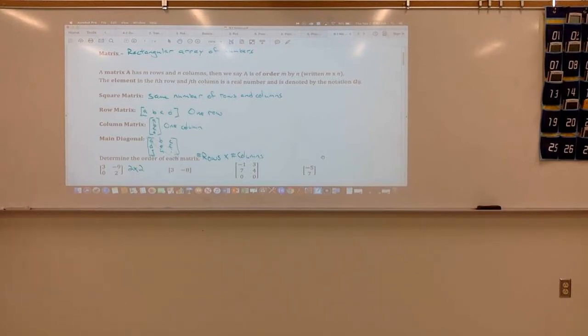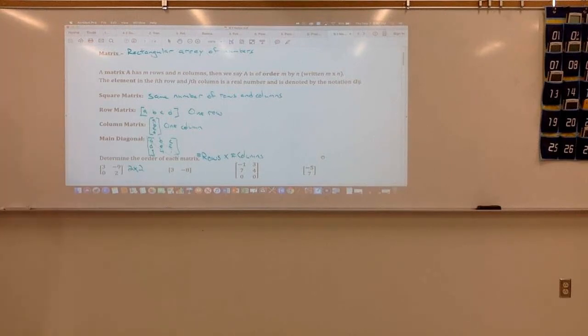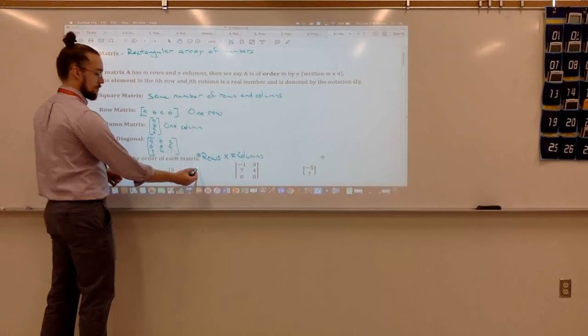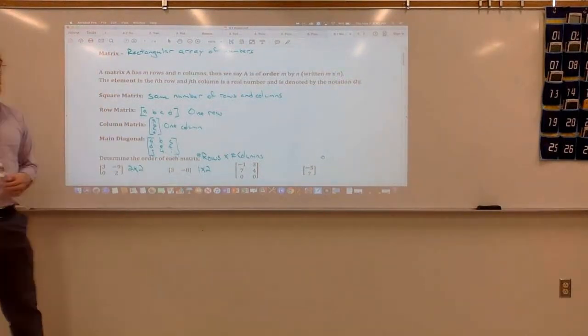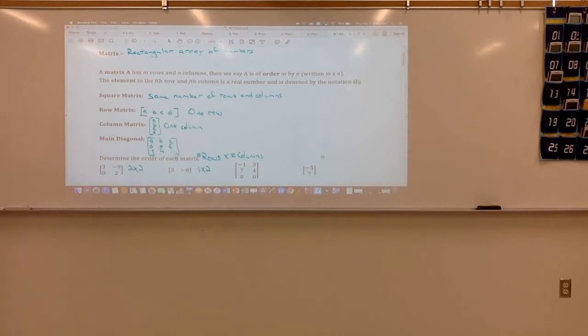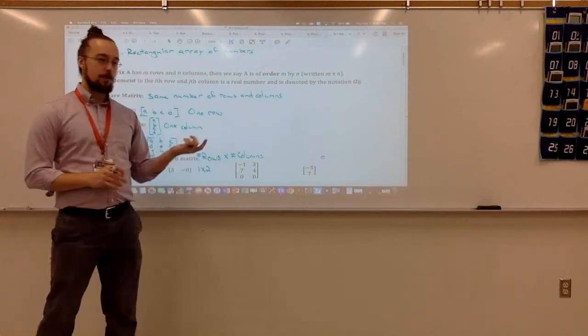So how about the second one? How many rows does this have? 1. How many columns? 2. So it's a 1x2. The only thing you could mess up is looking at the number of rows and columns backwards. Rows are side to side, columns are up and down.